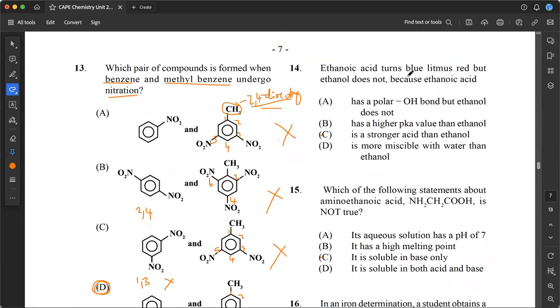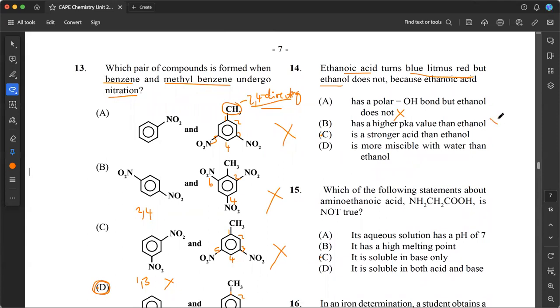14 says ethanoic acid, which is an acid, turns blue litmus red, which is what we expect of acids, right? But ethanol does not, because ethanoic acid has a polar OH bond, but ethanol does not. That's not the reason why. Has a higher pKa value than ethanol. That's not true, right? Because the lower the pKa is, the stronger the acid. And we know that ethanoic acid is a stronger acid than ethanol, and so its pKa would actually be lower.